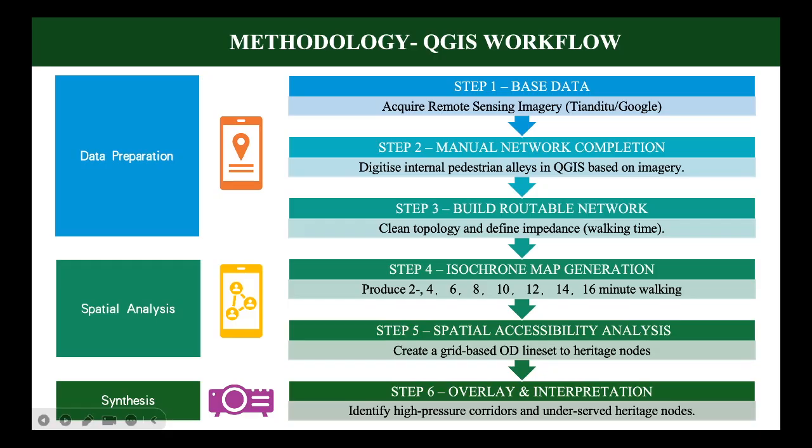Moving on to the methodology, I developed a lightweight six-step workflow in QGIS that we can replicate in data-scarce rural contexts. First, I prepared the base data using Tiandi-tu imagery and OpenStreetMap. Because small village alleys are often missing, I manually digitized the internal pedestrian lines and cleaned the topology to build a routable walking network.